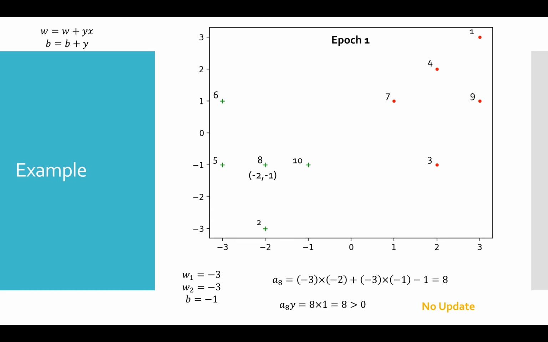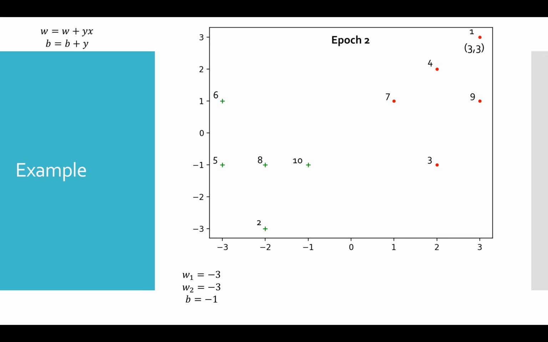Sample 8 gives us a positive activation, which gives us a positive activation times label, which means we don't have to update. Sample 9 gives us a negative activation, which is what we wanted because it's a negative label. So again, we don't have to update. And sample 10 gives us a positive activation, which is good because it's a positive sample, and so we don't have to update. Now we start again.